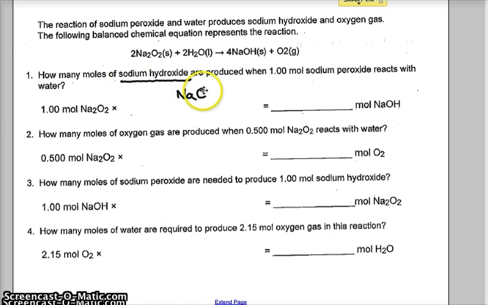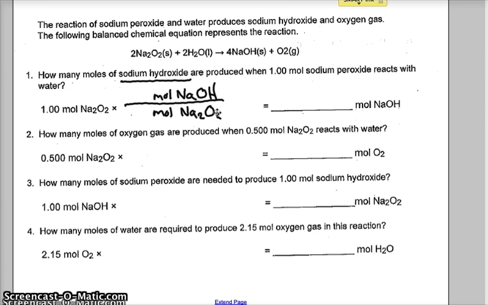So we know we want moles of sodium hydroxide as our ending unit. And you can see that on the right, they have that actually already written. And we know we have to cancel the moles of Na2O2.